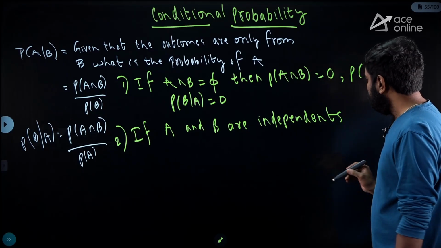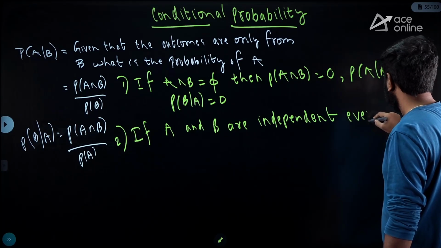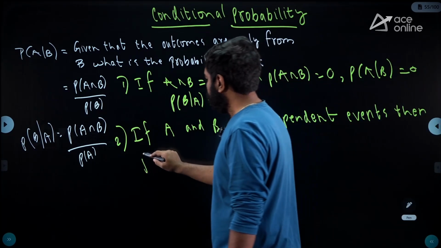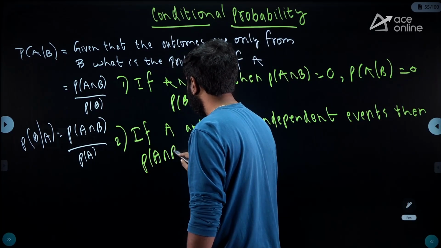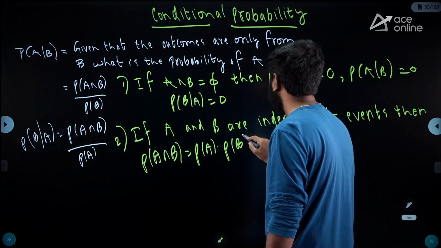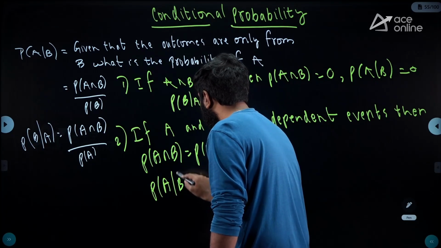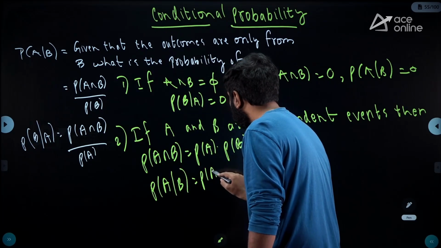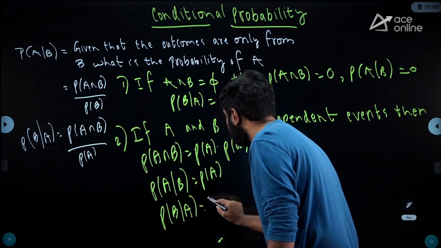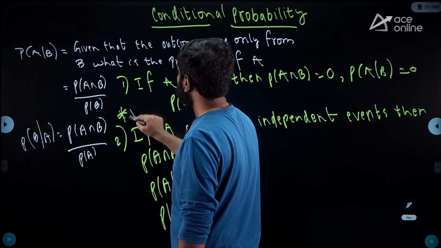So if A and B are independent events, then probability of A intersection B is simply probability of A into probability of B. And do you know what the conditional probabilities are? A given B probability is directly probability of A. The probability of B given A is directly P of B. This is a very important point.